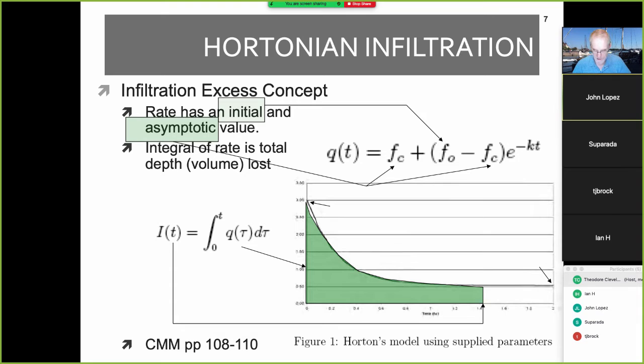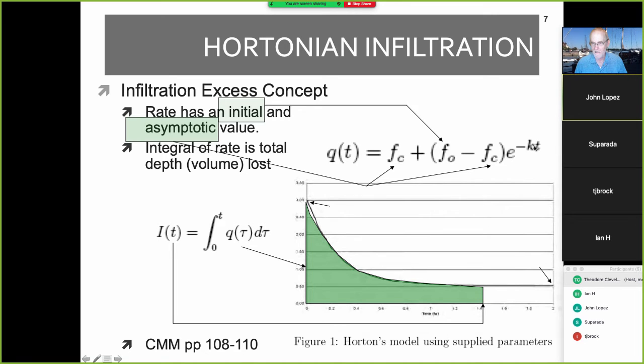And by asymptotic, if you recall the diagram where I was showing Darcy's law, that would be where the wetting front is pretty deep, so that the infiltration rate is essentially equal to the saturated hydraulic conductivity, plus an initial value, F sub 0 minus F sub C multiplied by e to the minus kt, where k is a parameter of reciprocal time, and it represents how quickly the initial infiltration decays to the asymptotic value.